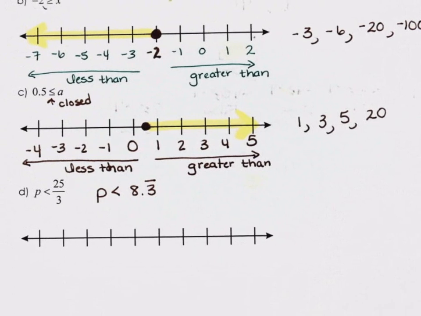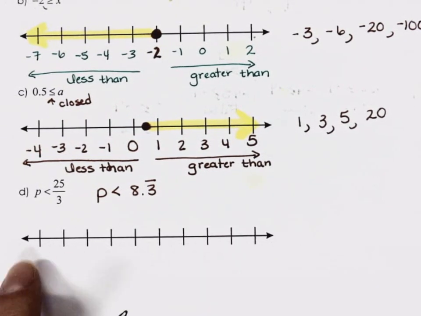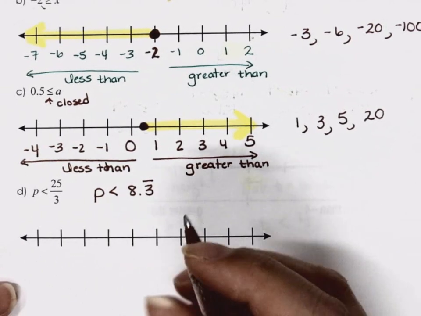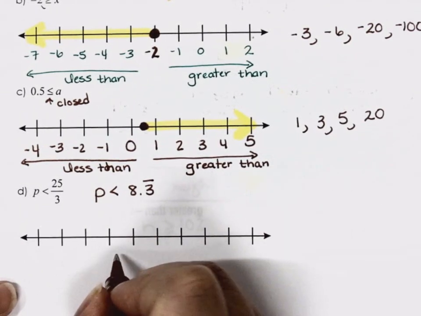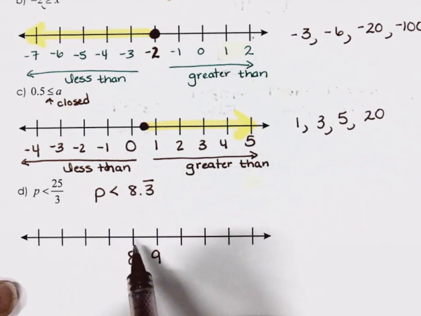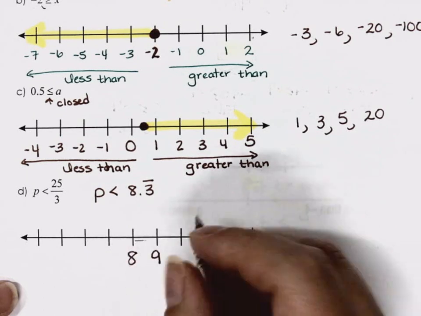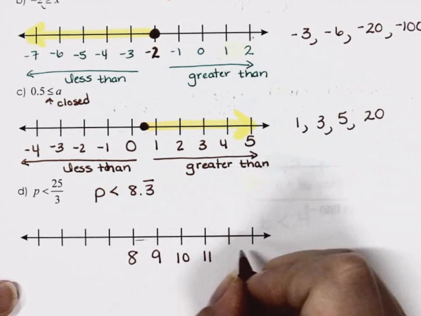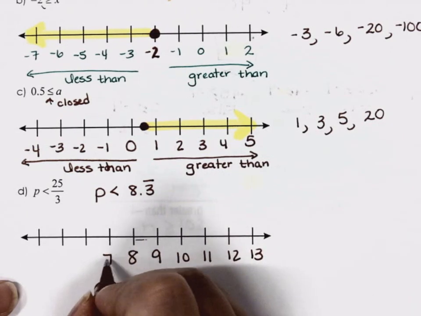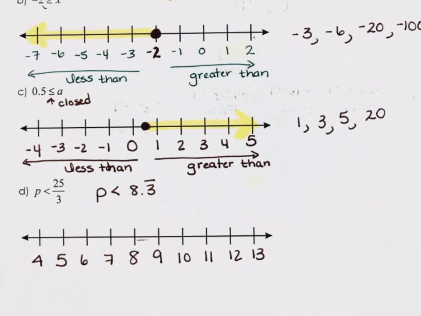All right, so anytime I have a decimal, I usually use whole numbers along my increments, and then I put the decimal in between them. So I'm going to start here. I'm going to go 8 and then 9, because I know that 8.3 is somewhere between 8 and 9. So this would be 10, 11, 12, 13, and this would be 7, 6, 5, 4.